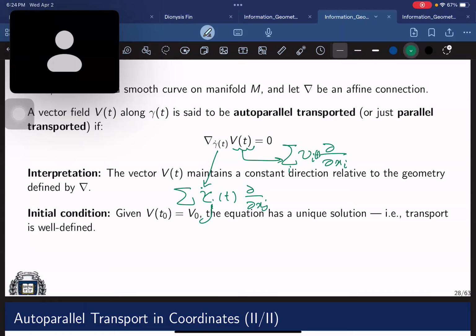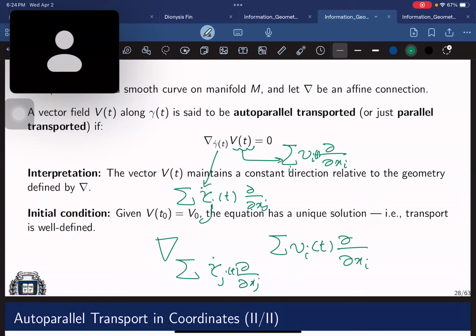So this is essentially what we are talking about. The affine connection, which I will later address as connection, is gamma dot^j of V. Then we have the linearity. Consider the connection: because it's affine, it's linear. This is the first component, this is the second component.